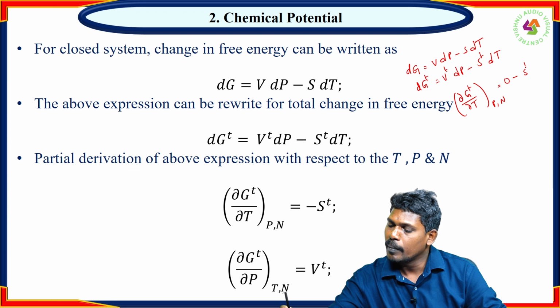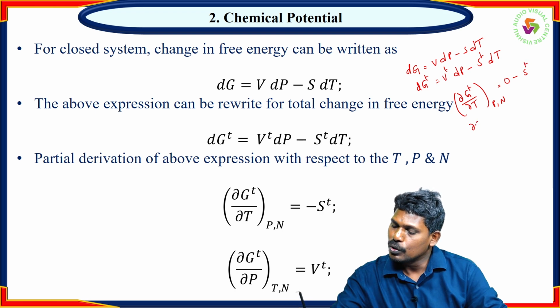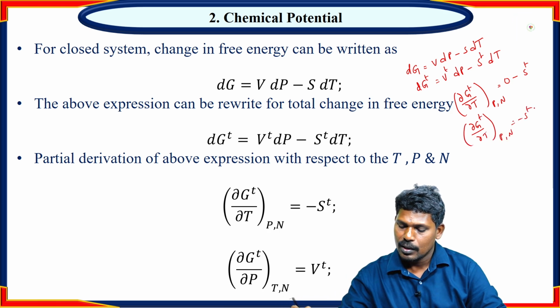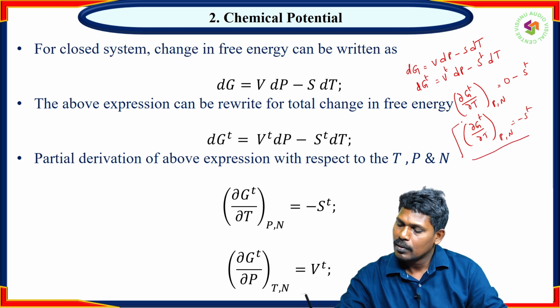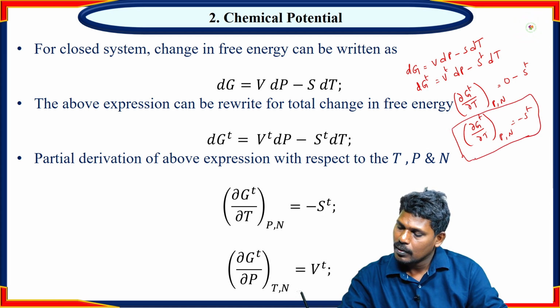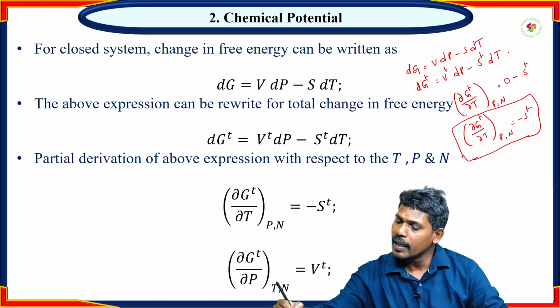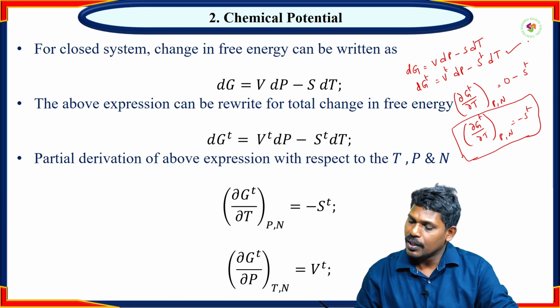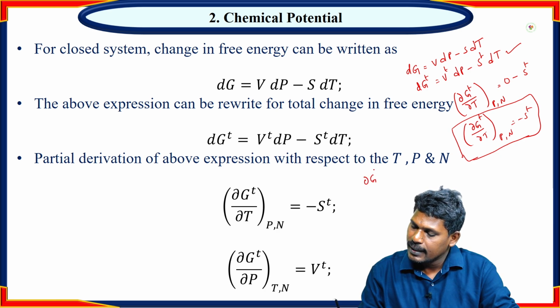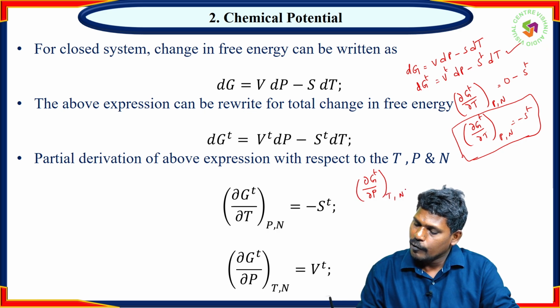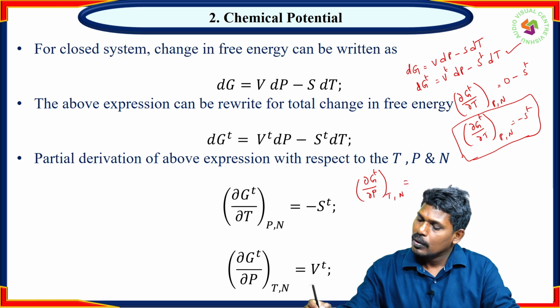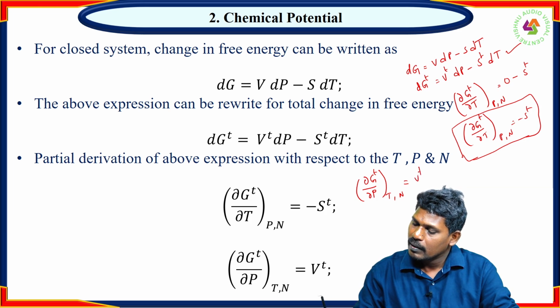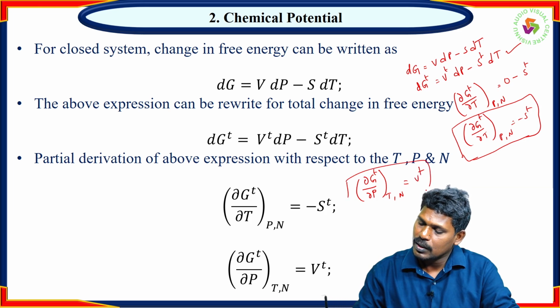We get only minus St. So dou GT by dou T at constant pressure and number of moles is equal to minus St. Next, differentiate with respect to pressure: dou GT by dou P at constant temperature and number of moles is equal to Vt. These are the two terms we got.